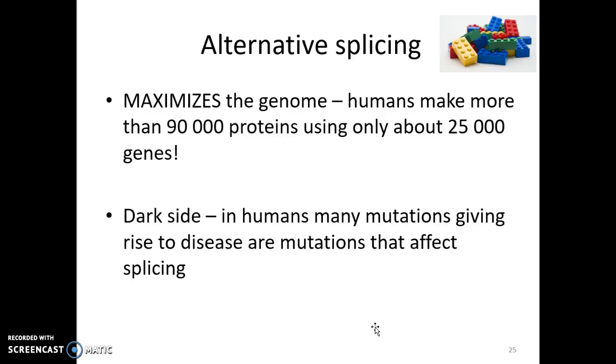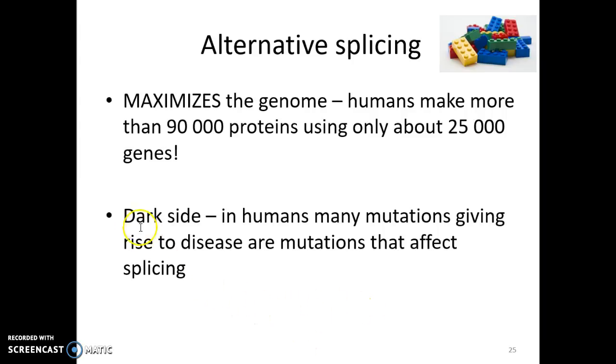What we've found is that by studying the proteome, the total protein complement that human cells can make, we are able to make at least 90,000 proteins, if not more, but we only have about 25,000 genes, which shows there's not a one-to-one relationship between gene number and protein number. One of the explanations for that is alternative splicing, such as the calcitonin gene-related peptide and calcitonin example that I just gave you.